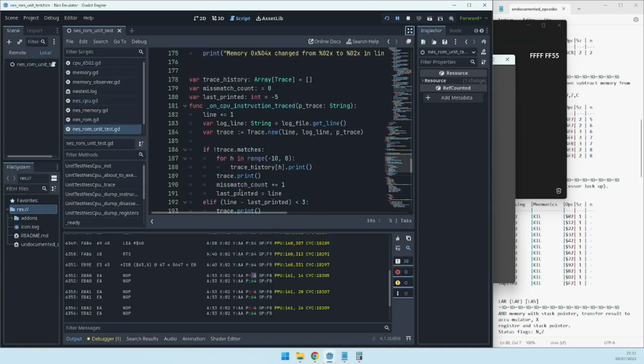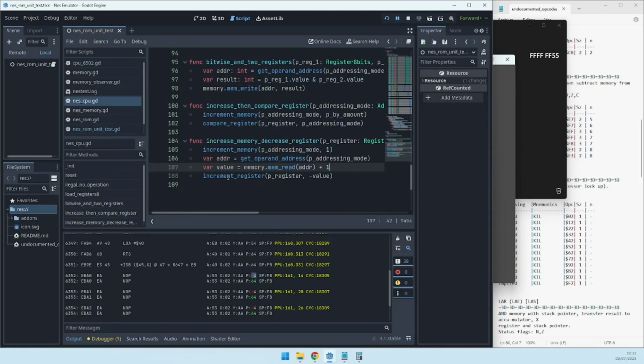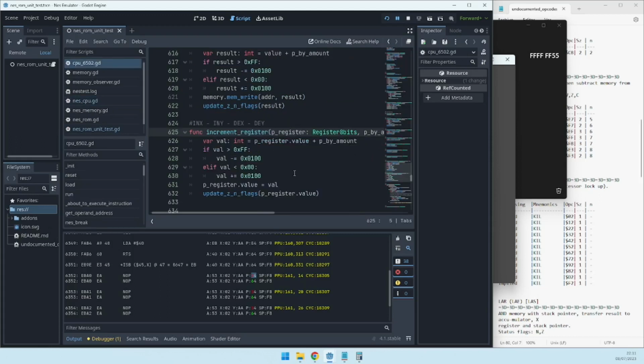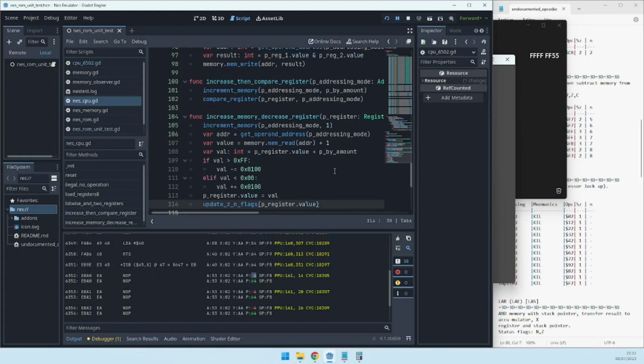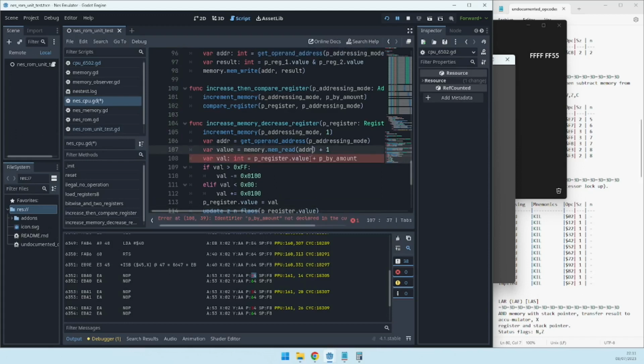So I think the way to solve that is, instead of calling this, I will copy this and make an equivalent implementation that takes care of carry and overflow.